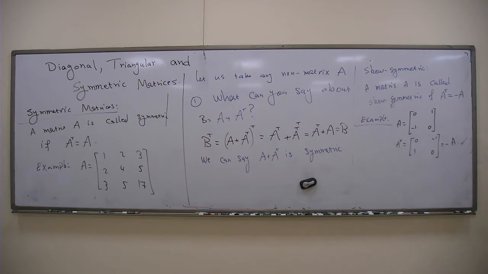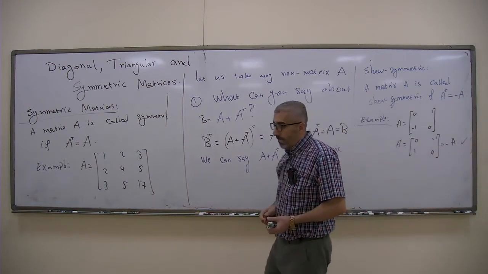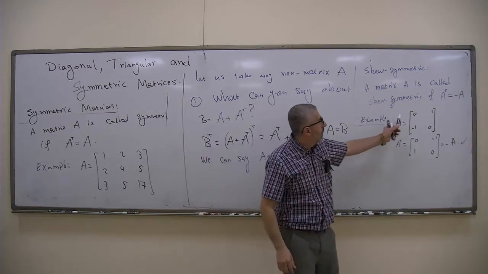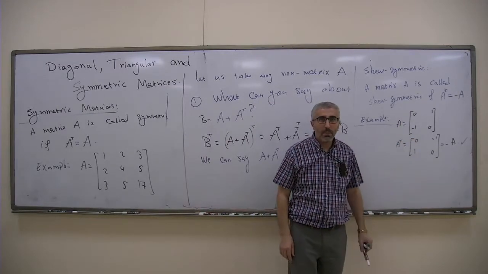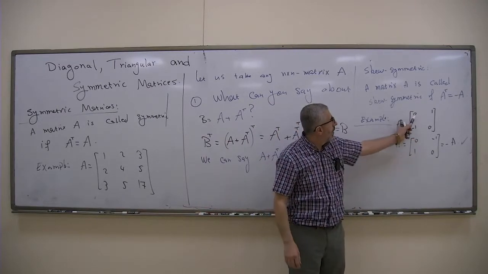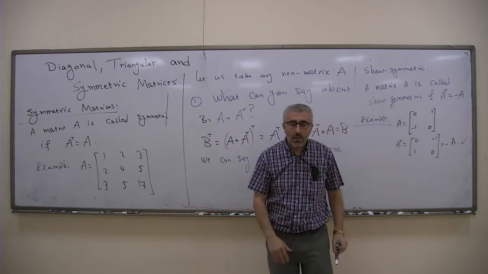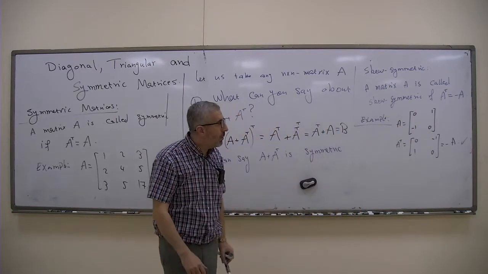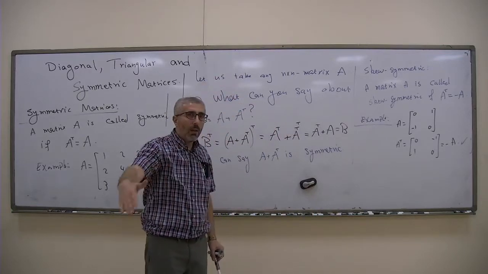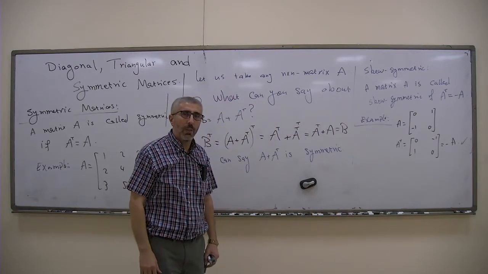Now, this is a very simple example. You can observe that I'm putting zeros along the diagonal. Is this just a choice, or is it a must? I mean, if you want to talk about skew-symmetric matrices, does it mean along the diagonal you must have zeros?